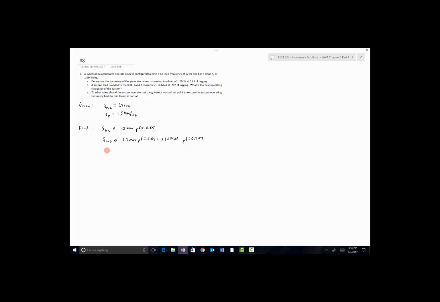And then in part C, we want to restore the system back to the frequency here, and we do that by adjusting F_NL. So what's the new no load frequency? So those are what we're asked to solve for.